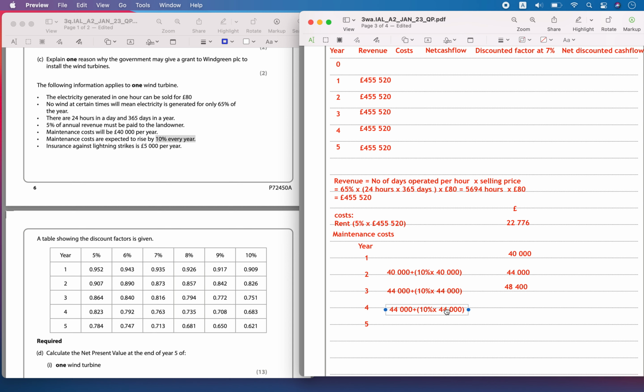Next, let's calculate the fourth year. It is going to be 48,400 plus a 10% increase on 48,400. You add it and calculate, so that is equal to 53,240.